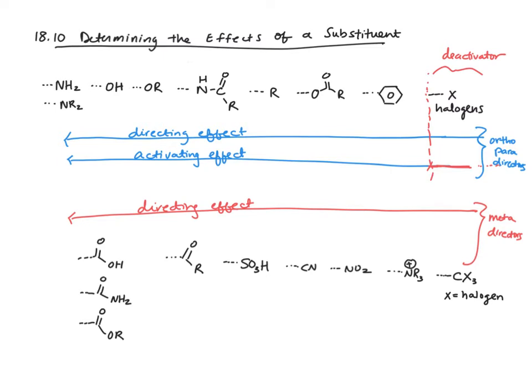Then we get down to the groups in red, and these are meta directors, and their directing effect falls in line with this red line that I've shown here. So everything that's under the red line is a meta director and also a deactivator.